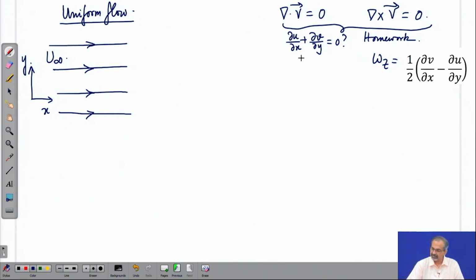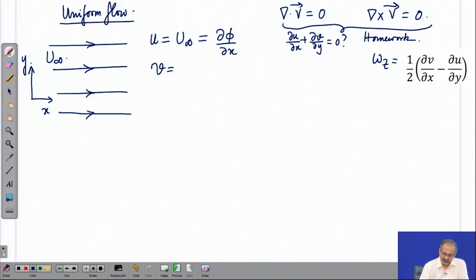So, you have to check basically whether these gradients exist for uniform flow or not. Now, having said that, in uniform flow what is happening is that the u component of velocity is u infinity, because it is moving along the x direction. And remember that in terms of the velocity potential, it is equal to del phi del x.